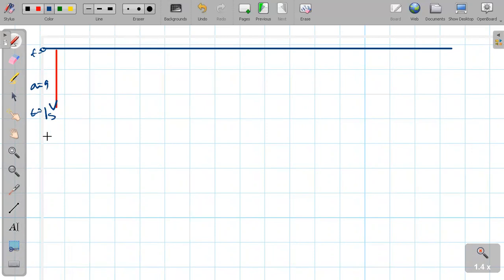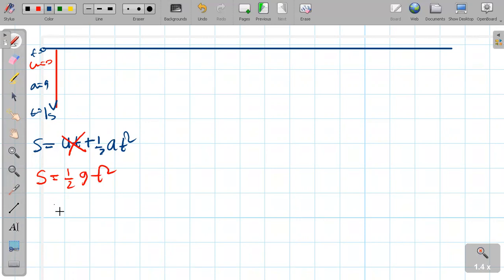So what equation can I apply? S equals ut plus half at square is my equation. At the beginning, u is 0. This is going to cancel now. For MCQ usage, use this one.